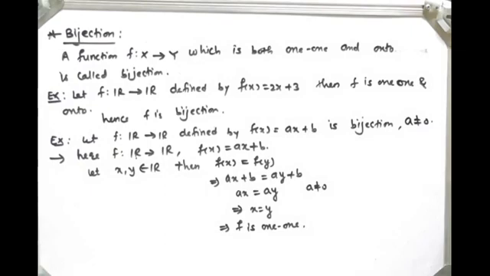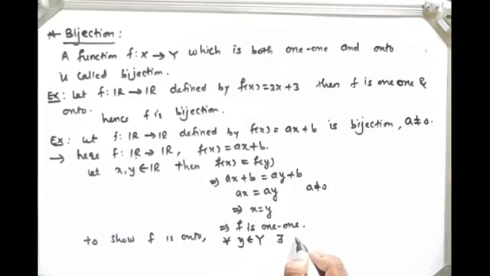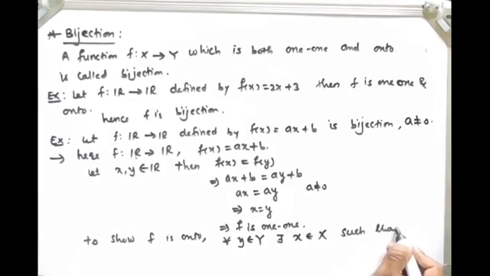Now to show f is onto function. So for onto function, what is the definition? For all y belongs to Y, there always exists x belongs to X such that y is equal to f of x.